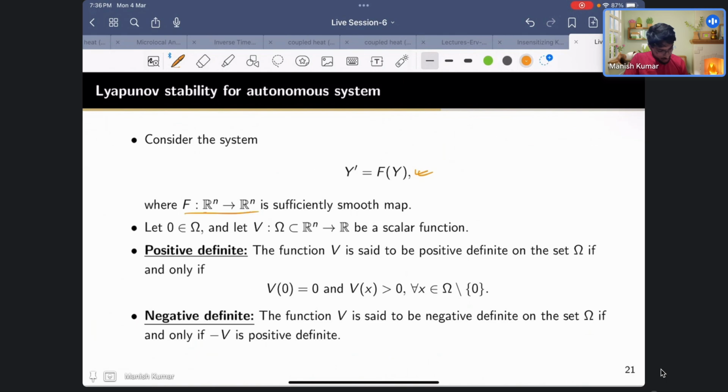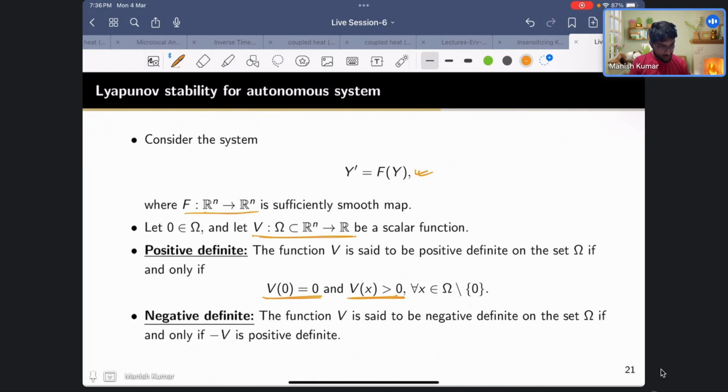Let me first give some definitions. Suppose this V is a function from R^n to R, a real valued function. This is said to be positive definite if V(x) is greater than 0 at all points other than 0, and at 0 it is 0. So V at the origin gives the real value 0.